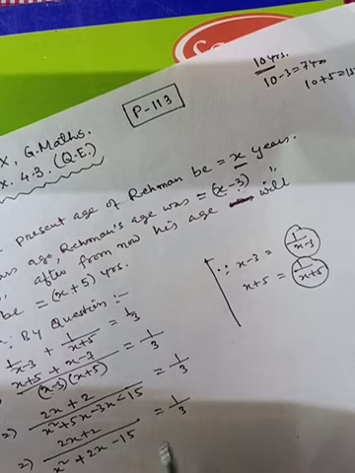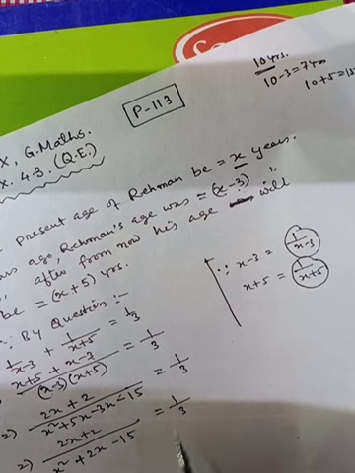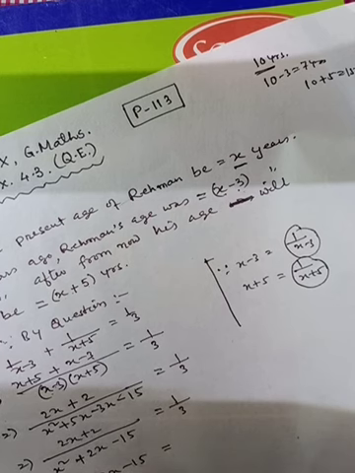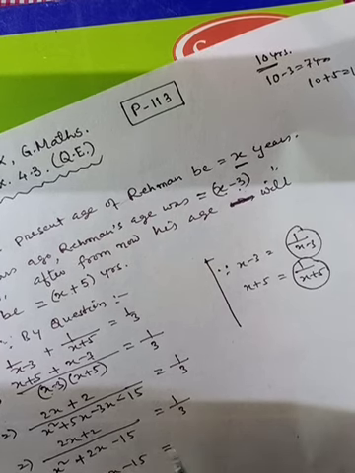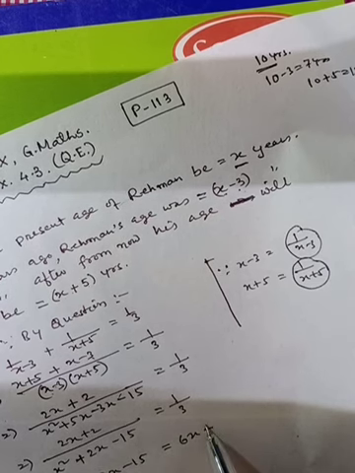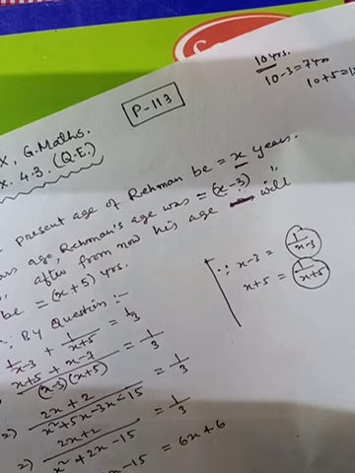So here, cross multiplication. We multiply 2x plus 2 by 3, and x square plus 2x minus 15 by 1. Then 3 into 2x is 6x, and 3 into 2 is 6.